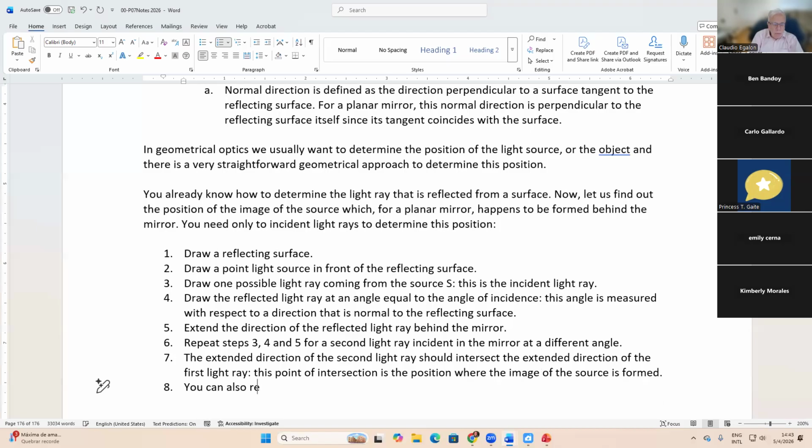You can also repeat the steps 3, 4, and 5 for a third light ray.